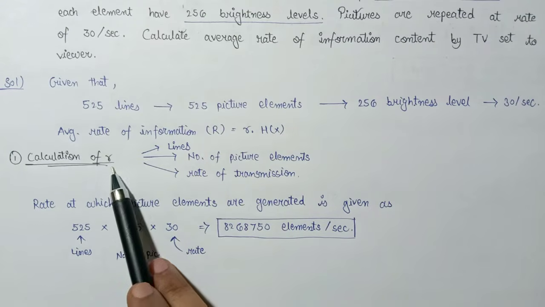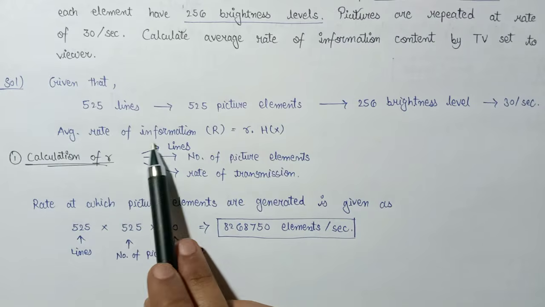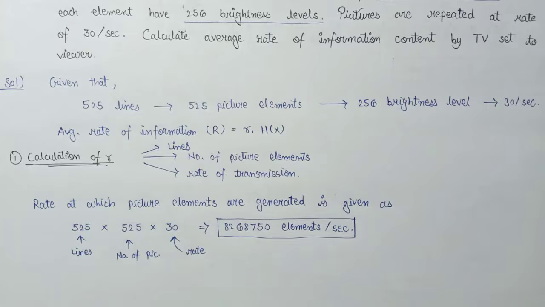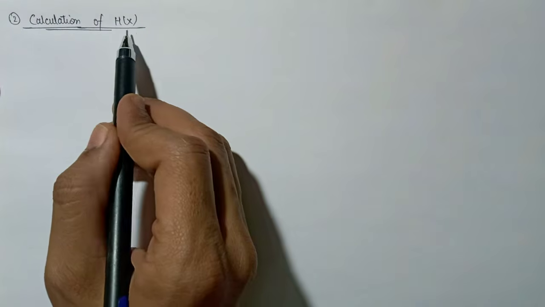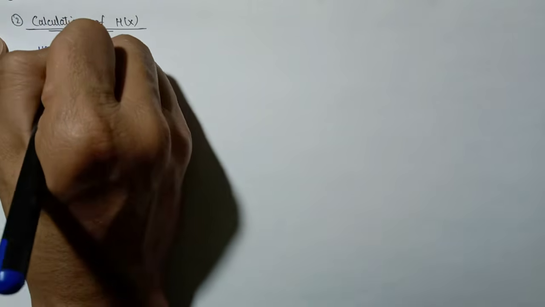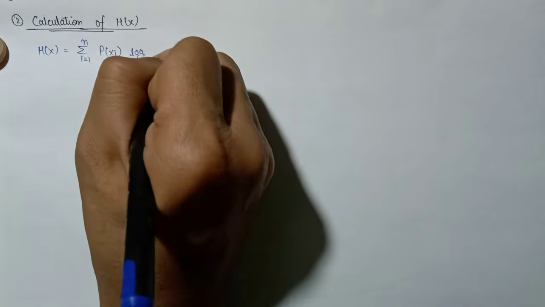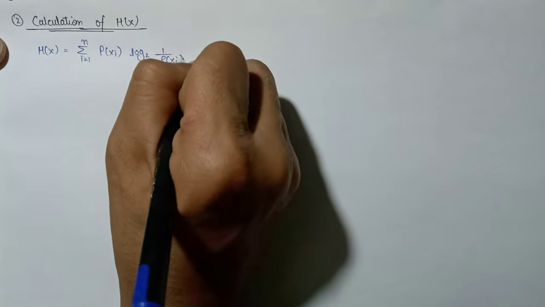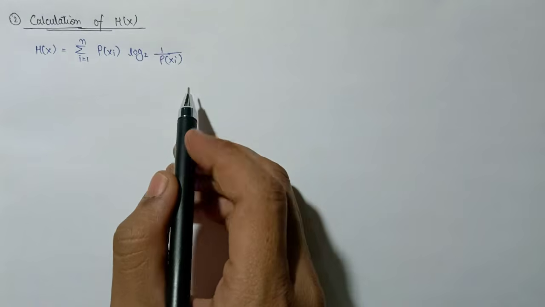We will use the value of this small r in the calculation of the average rate of information, that is R = r × H(X). Now let us have a look at the calculation of H(X), that is entropy. We studied that the formula for the entropy is H(X) = summation i equals 1 to n of P(xi) log base 2 of 1 over P(xi).